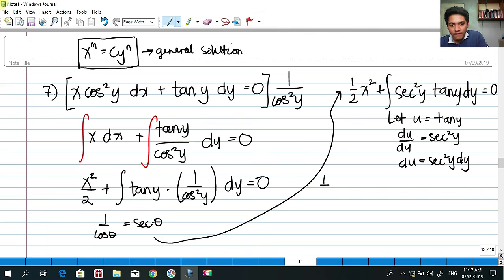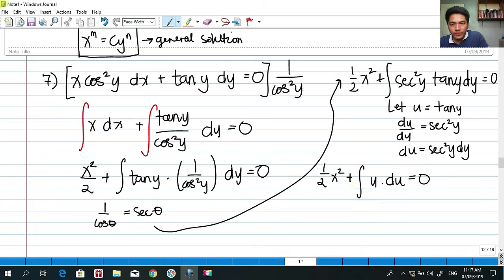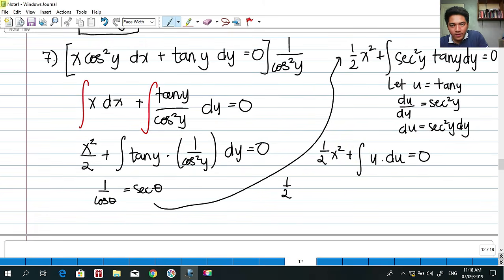So we have 1 half x squared plus the integral of, again, tangent y is u, secant squared y dy is equivalent to du, equals 0. So we have 1 half x squared plus u squared over 2, plus c equals 0.